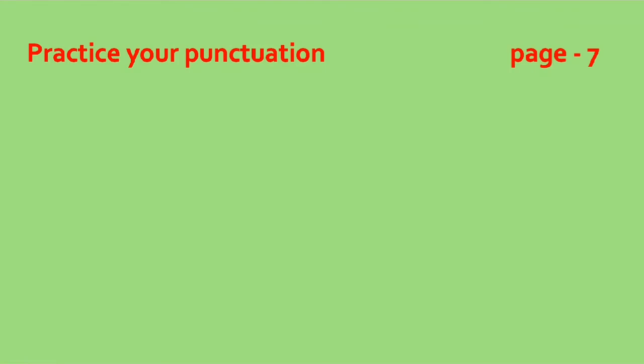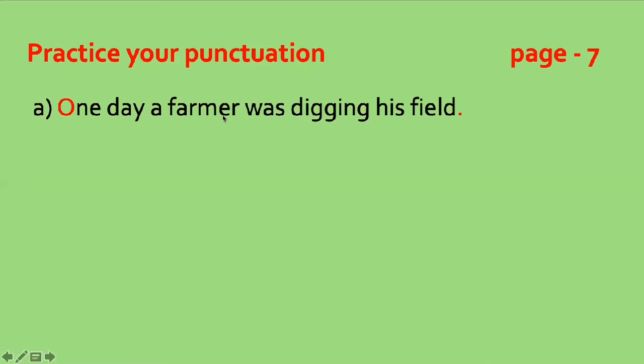So we have to write it in capital, and put the full stop at the end of the sentence. So here we have done it. One day a farmer was digging his field. Just make the O capital in your book and put a full stop at the end. Now let's read the second sentence.